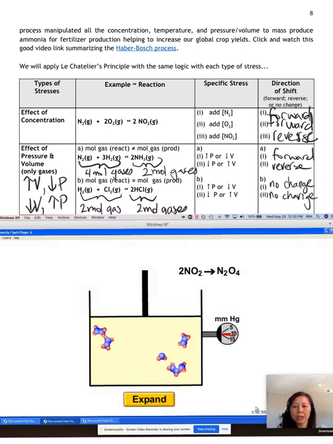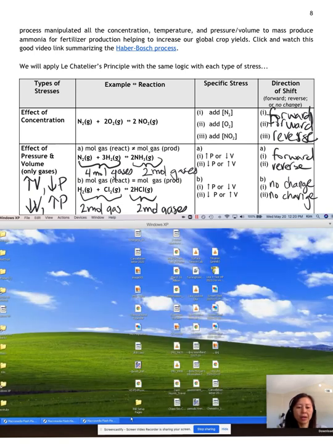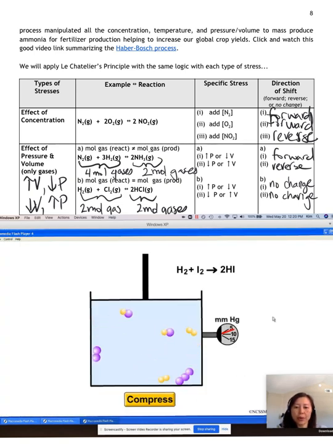So let's go ahead and look at another scenario, another reaction. In the second reaction, once again the error is the arrow. You'll see the reactants, which are the yellow ones, the hydrogen diatomic molecule, and purple are the iodines.